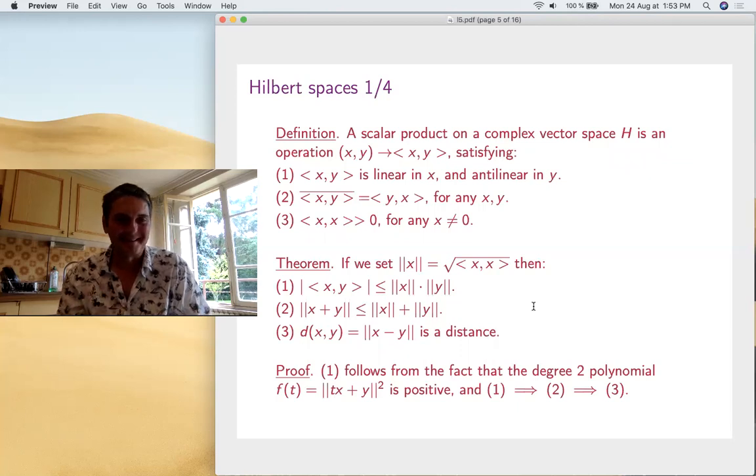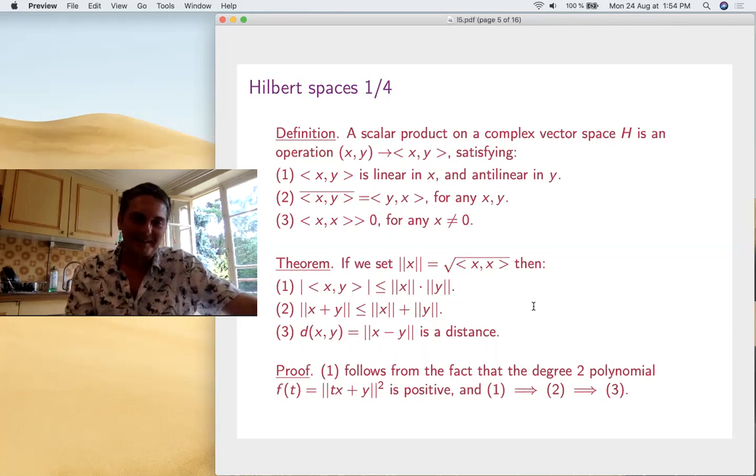It appears somehow behind many computations with matrices. So we have to assume that these things exist in general in order to get results. The definition: it's an operation which is linear in x and anti-linear in y. That's the convention. You have this axiom here, and it must be strictly positive for x non-zero.